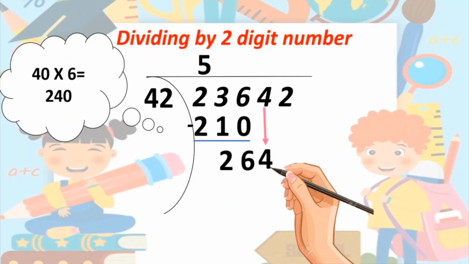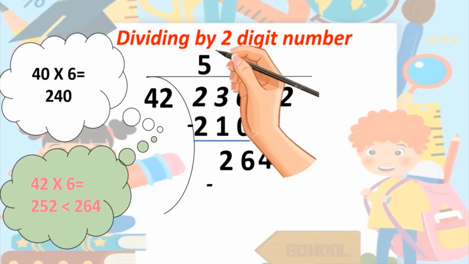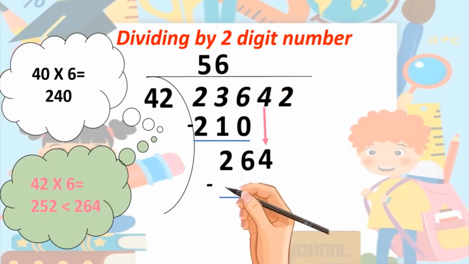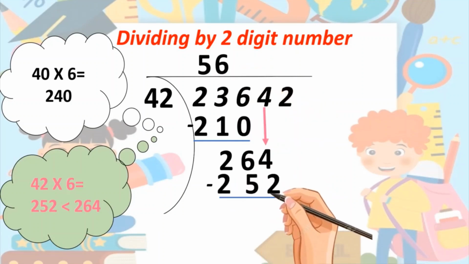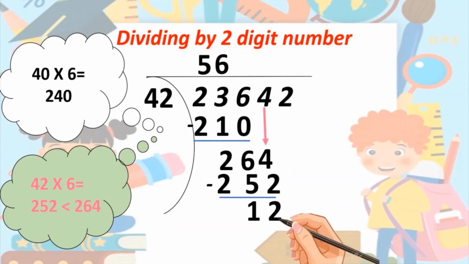So let us multiply 42 by 6. So the product is 252, which is less than 264. So we can go ahead and write 42 times 6, 252. We are left with the remainder 12.